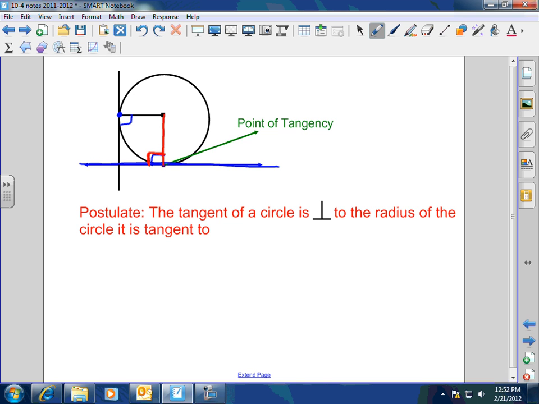It says here the tangent of a circle is perpendicular to the radius of the circle it is tangent to. So whenever they say that a line is tangent to a circle, if I create a segment from the center to that tangency point, and I create a perpendicular line, a 90-degree angle, then I am proving that that line was tangent to the circle.